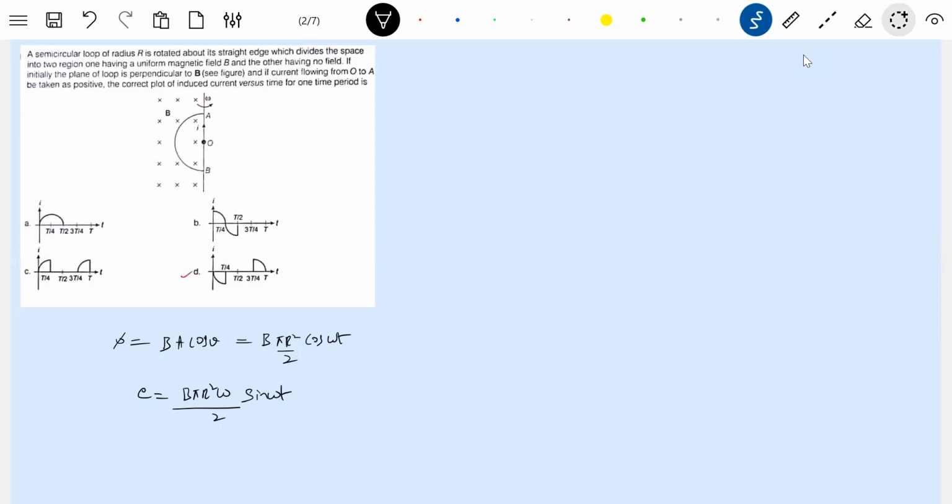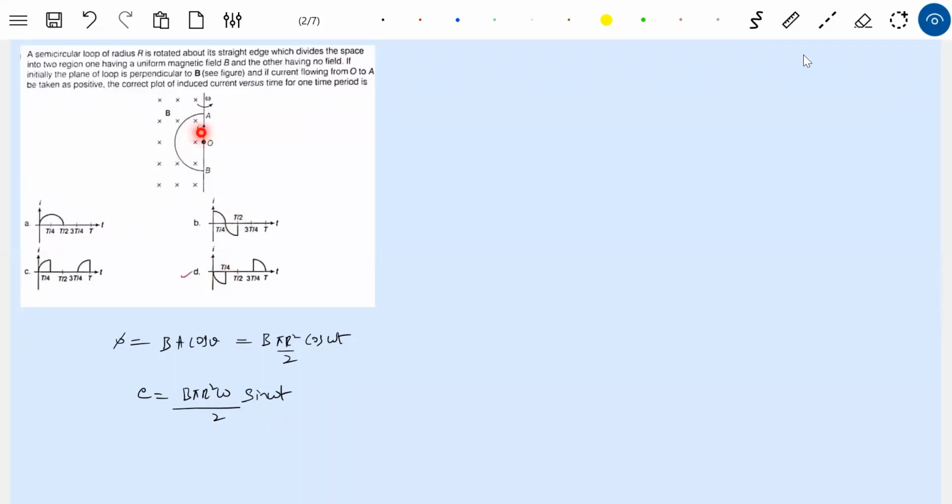But you look at this, t equals 0. After T by 4, the plane of the loop will become perpendicular to the magnetic field. Or no, the B vector is perpendicular to that one. After some time, the B vector will be tangential to the plane of the loop. Then it will not link for another half cycle, no. This is ruled out.